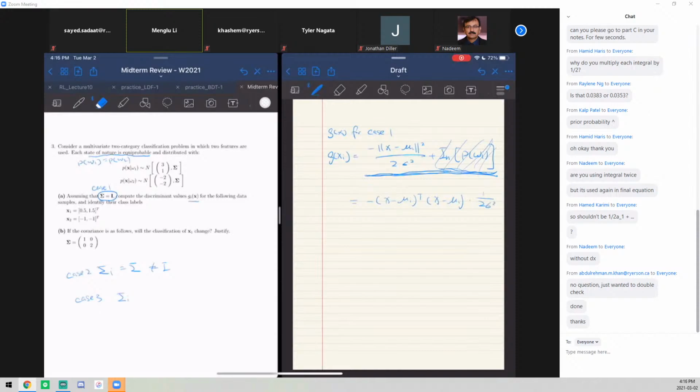So we know x for x1 is 0.5, 1.5, mu1 is 3, 1, mu2 is -2, -2, and sigma is 1, because the covariance matrix is like this, right?